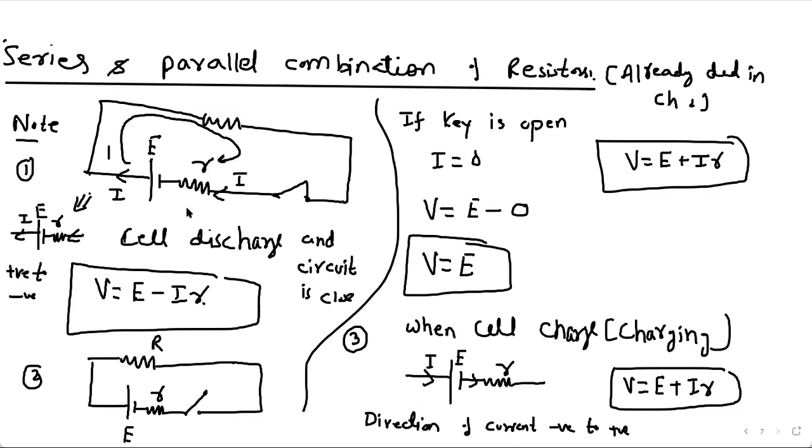When a cell discharges, its electrical energy decreases, flowing out of the cell. But when the same cell charges, its energy increases, flowing inside the cell. Terminal potential difference increases. It's E plus Ir. Just note it down.